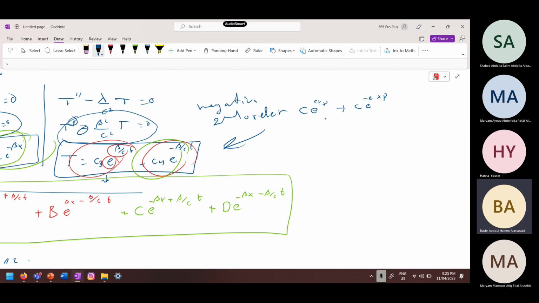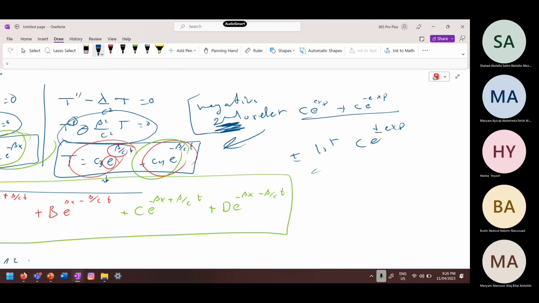This is the solution if you have a negative second order differential equation on each side. Remember, negative and second order. If it's a first order, no matter what the sign is, negative or positive, you'll have the same solution just with the change of the exponents.